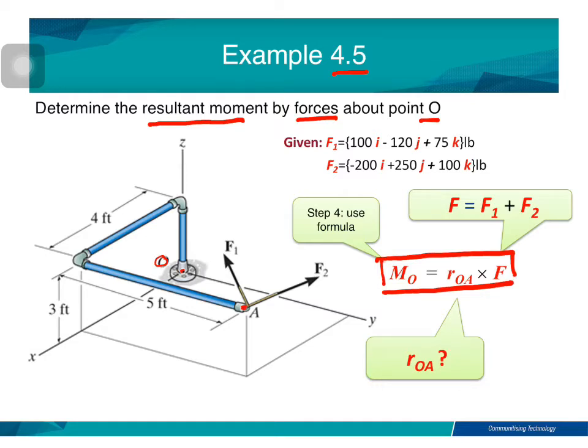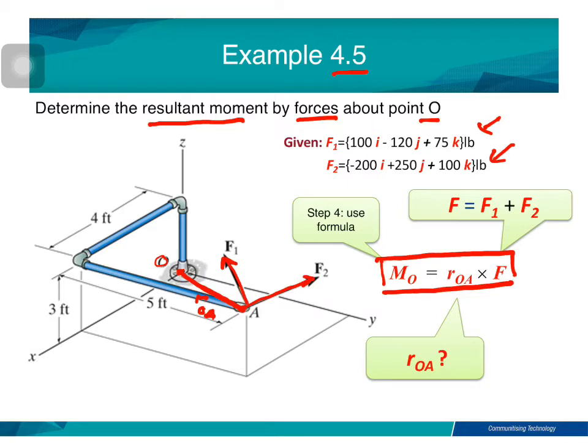So what is the R? The R here is this position vector, R OA. And then this is the F. So now, what should we do? The first step: we are given F1 and F2.